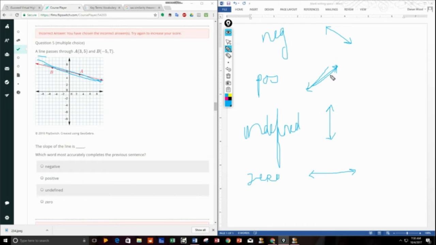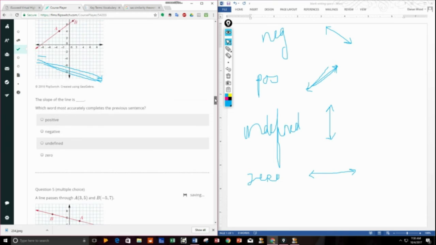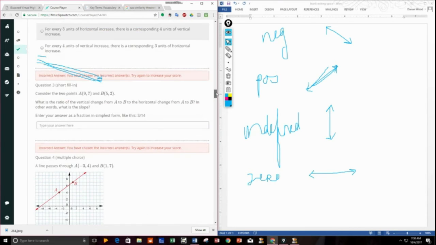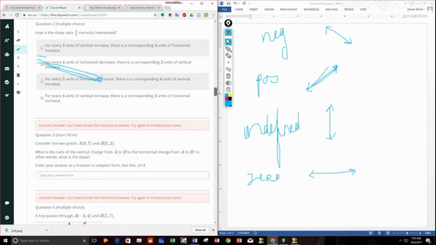Negative was running down a hill, positive's running up a hill, undefined's looking straight up at a cliff, so you would look straight up, and 0 means I am running on flat ground. So I'm looking at this and I'm saying, okay, if I start on the left side and I follow that line, I'm moving down. So it's negative. And then question 4, you can use the same analogy if you would like.